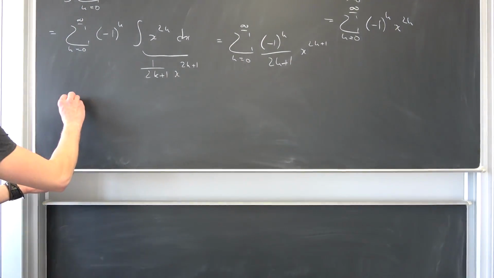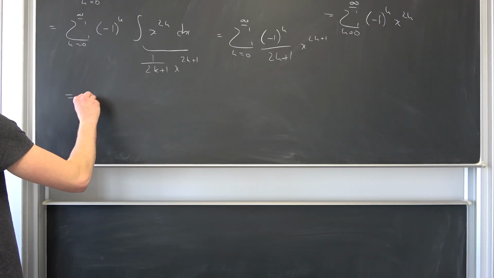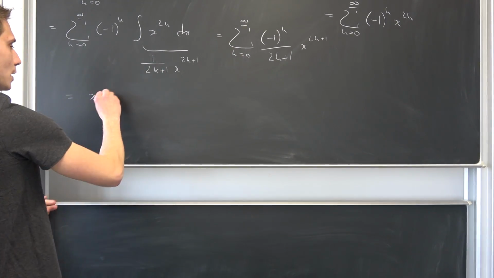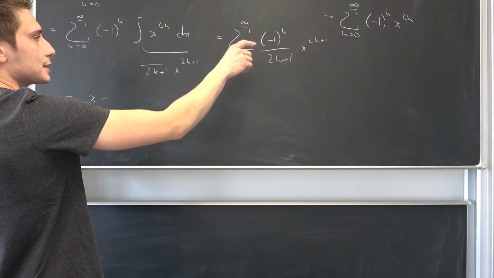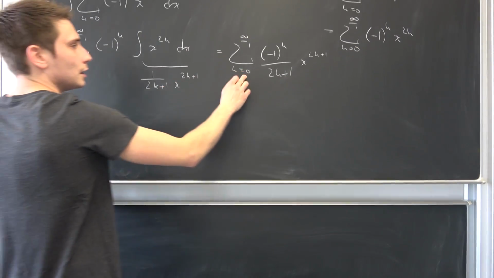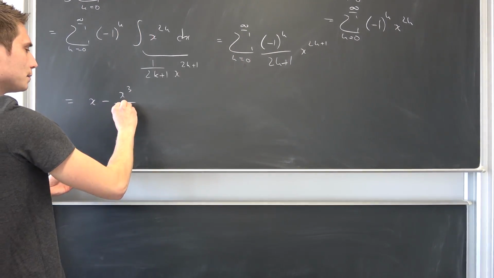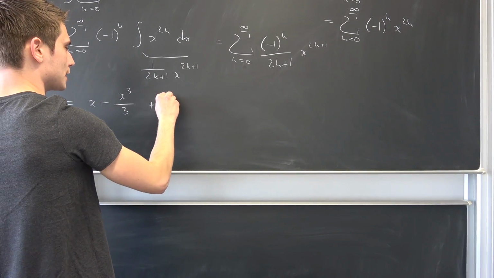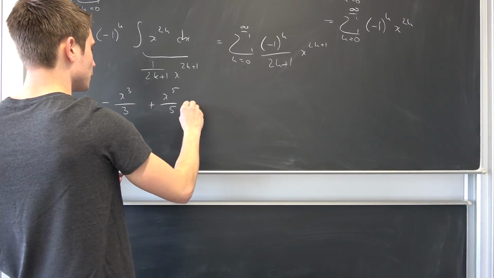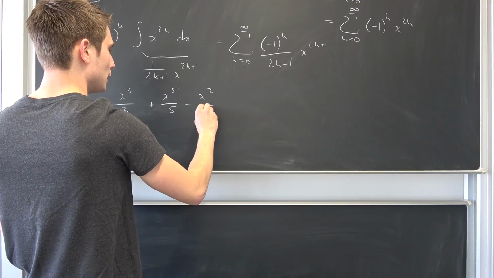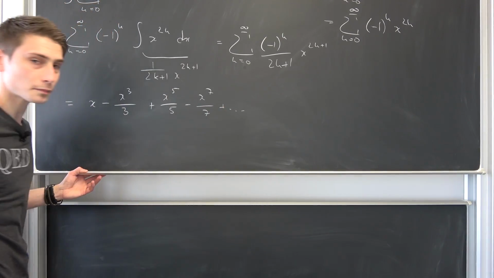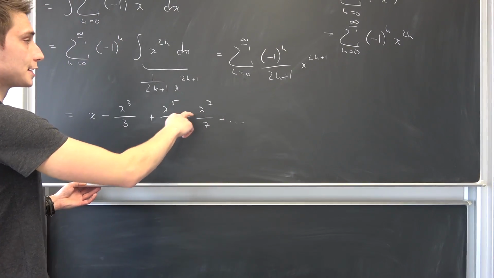I'm going to write it out a little bit. We are actually going to get x to the first power. Then we are going to have negative x to the third power over 3, and then we have positive x to the 5th power over 5, negative x to the 7th power over 7 plus dot dot dot. Why not divide both sides by x right here?